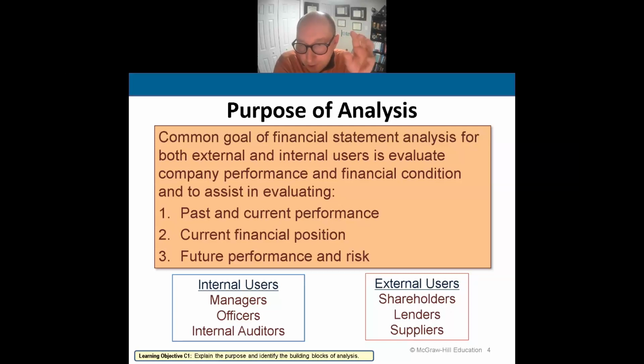Internal users use financial information to run the company, for day-to-day operations, planning, etc.